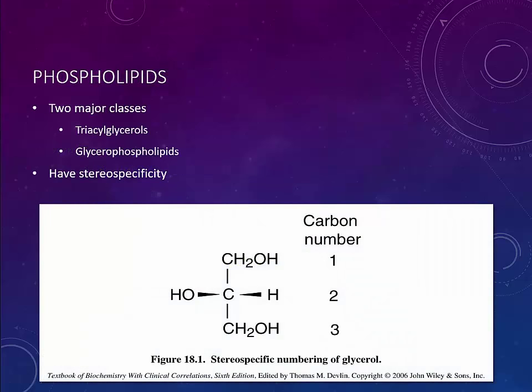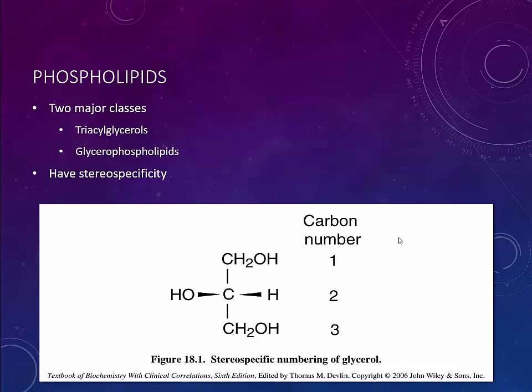So phospholipids follow the same concept as the triacylglycerols. We have two major classes of lipids here. We're talking about triacylglycerides, which we already covered previously, and the glycerophospholipids. Now, the glycerophospholipids come from a glycerol backbone, just like we saw with the triacylglycerides. In this case, two of these hydroxyl groups will be substituted with fatty acyls as opposed to all three.